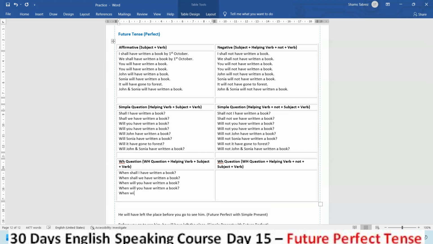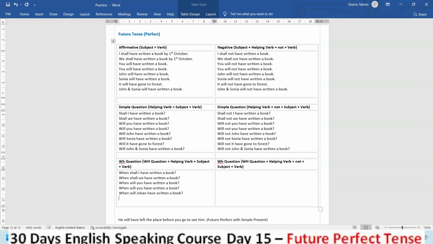When will John have written a book? When will Sonia have written a book? When will it have gone to forest?